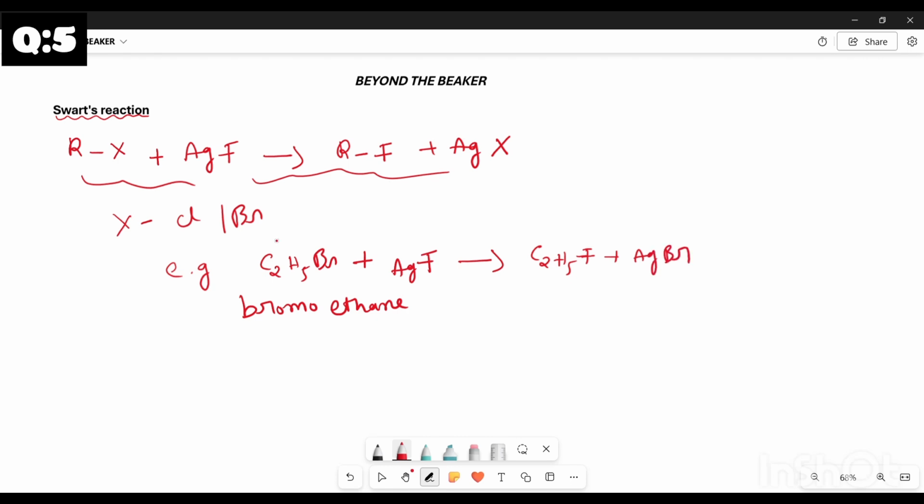When bromoethane is heated with silver fluoride, it gives ethyl fluoride, or fluoroethane. This reaction is called the Swarts reaction. Both the Finkelstein reaction and the Swarts reaction are halogen exchange methods for the preparation of alkyl iodides and alkyl fluorides.